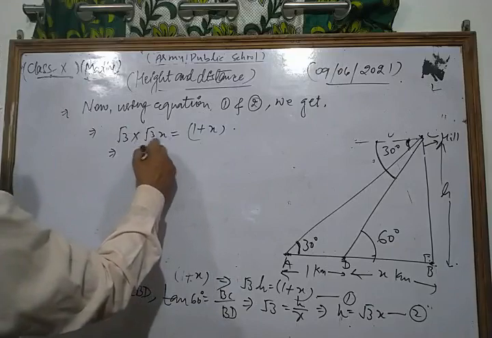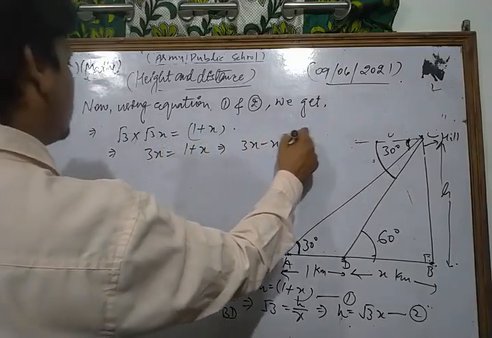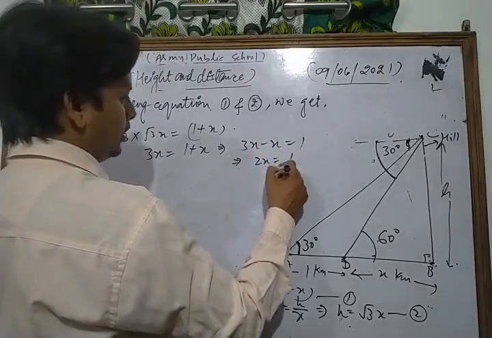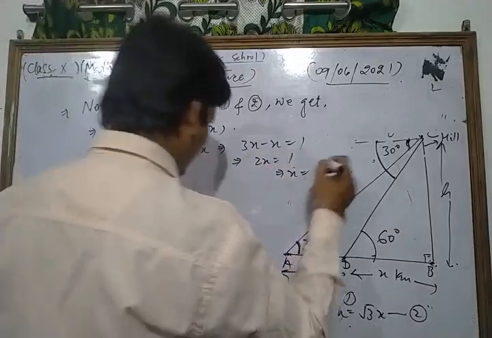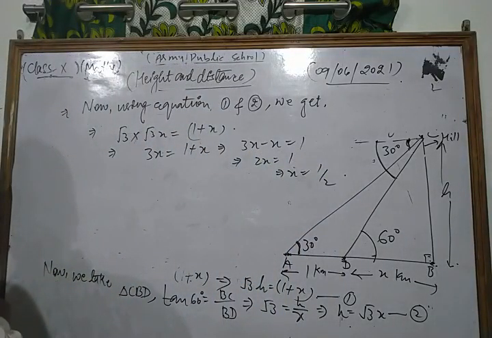Now we get 3x is equal to 1 plus x, so 3x minus x is equal to 1, that is 2x is equal to 1, that is x is equal to 1 by 2. So in this way we find the value of x as 1 by 2.